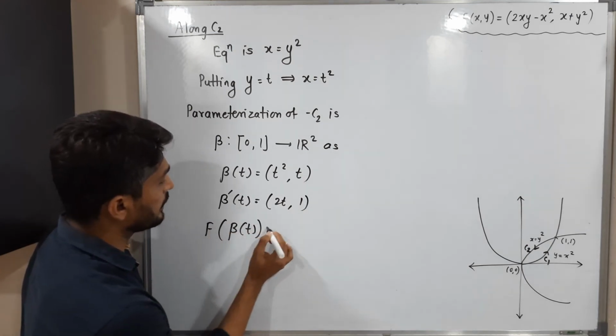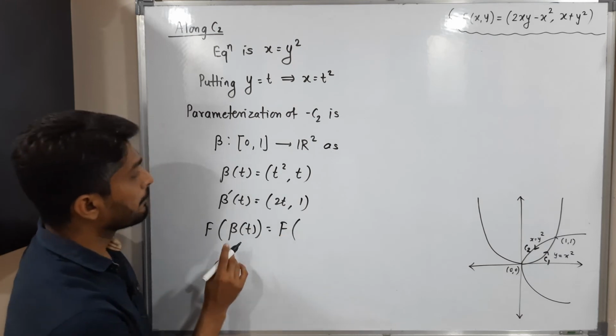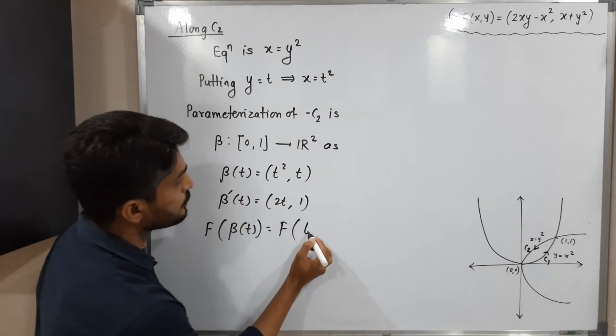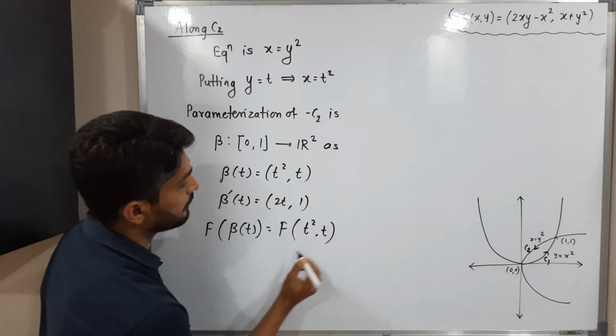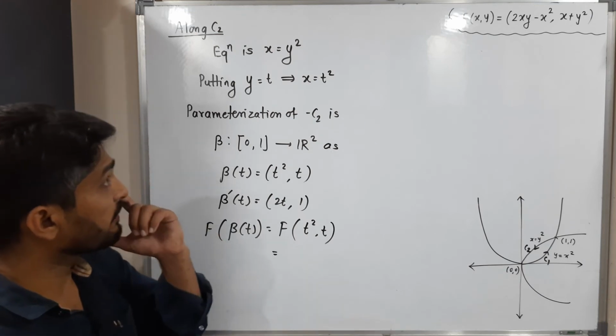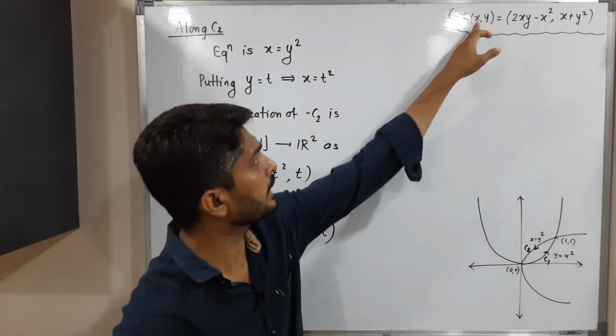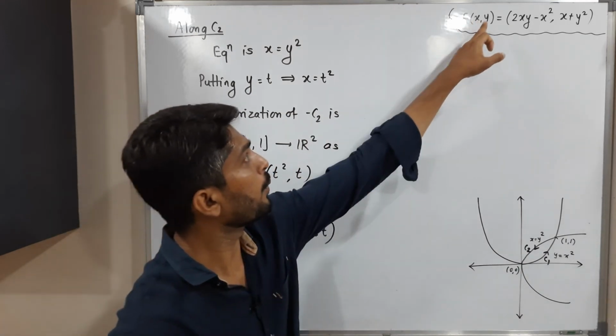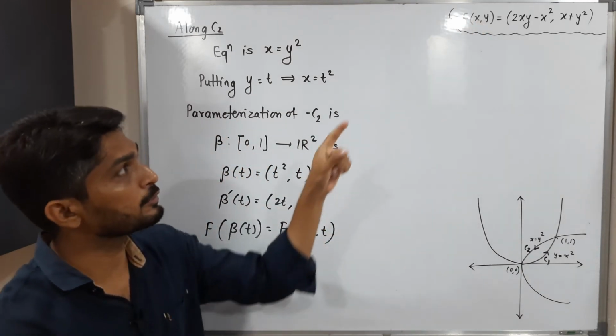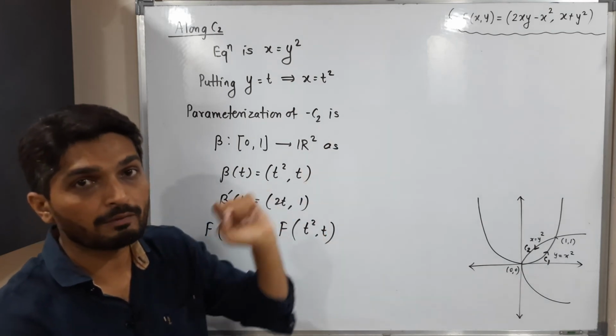We want f of beta of t also. Let us find f of beta of t. This thing we have to put here, so t square comma t. We have to follow the definition of f which is given in the problem. If you compare, x is equal to t square, y is equal to t. So in place of x we have to put t square, in place of y we have to put t.